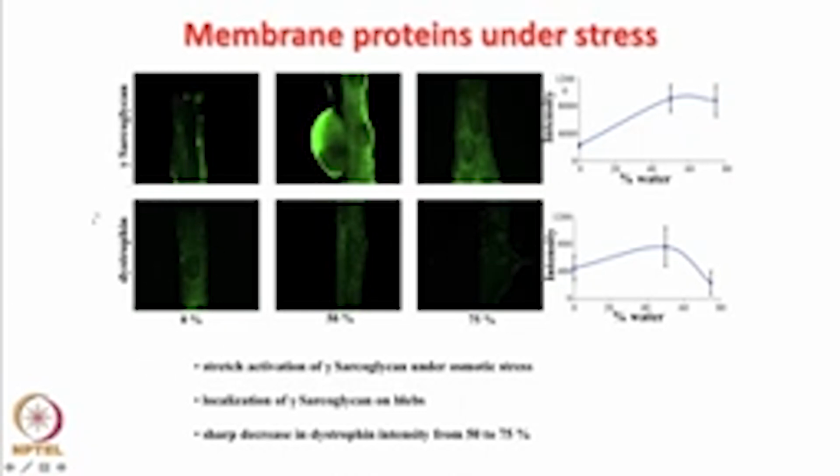In contrast, you have this other protein called dystrophin, which drops when there is increased amount of water added. So, this is an example showing that there are different proteins which either sense certain specific cues in response to the force that you exert.